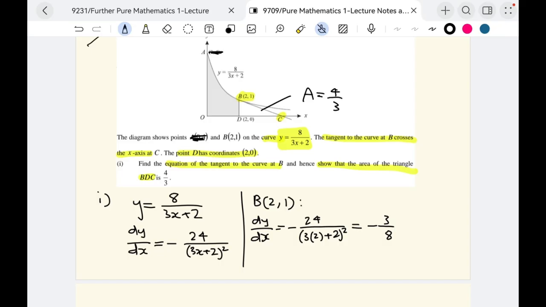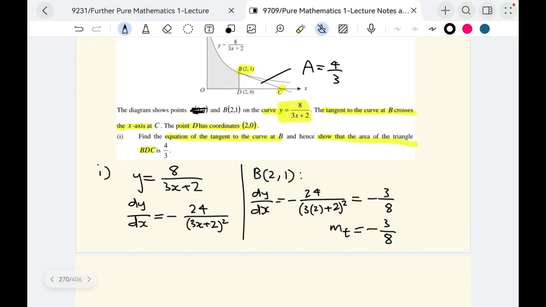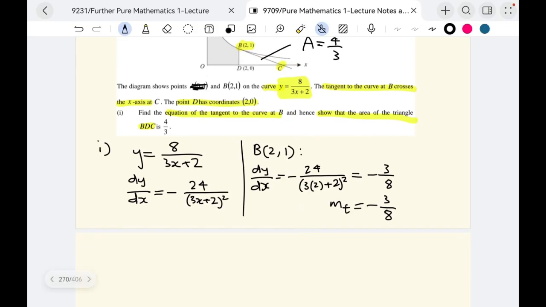That means the gradient of the tangent or the gradient of BC, you see there's a negative slope, so the gradient must be negative. And now for the equation of the tangent to the curve at B, or the equation of this straight line with the negative slope, you should say at (2, 1).